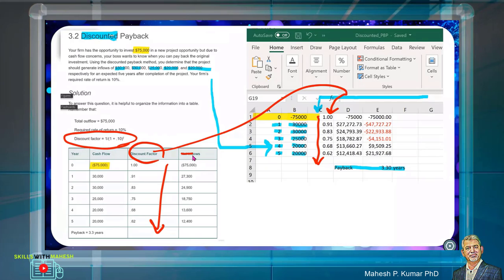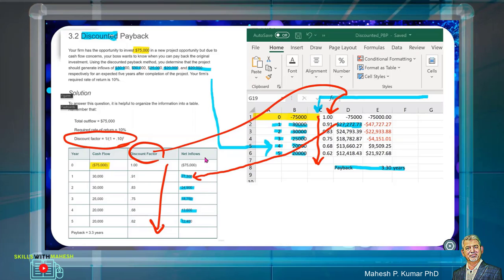the question gives you the net inflow as this much, but it is round numbers. I think somewhere in the question, if you read the book, it says that these numbers are rounded off. But if you do the exact calculation, it comes out to be $27,272.73, and the book just gave us a round number of 27,300.